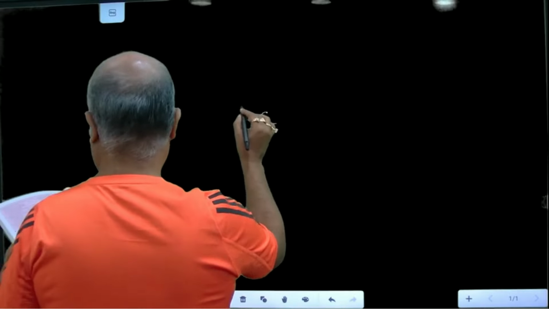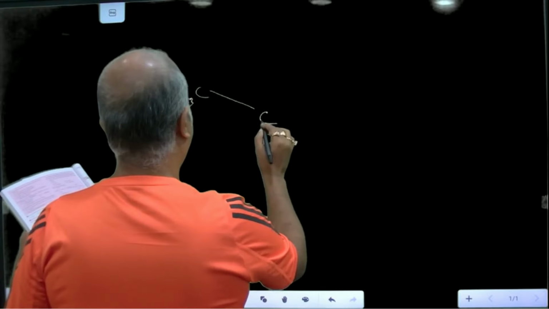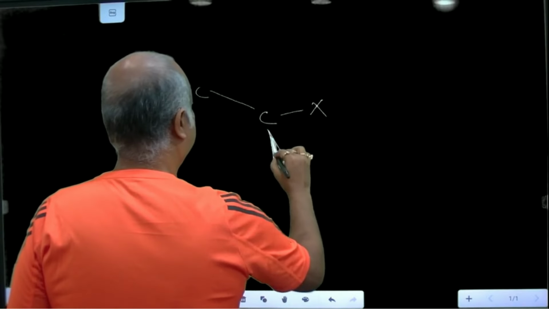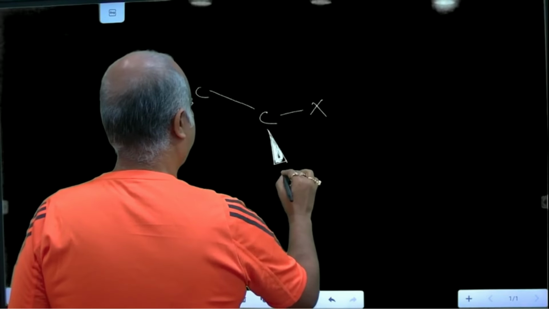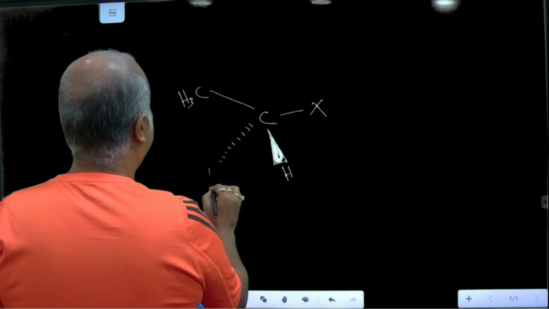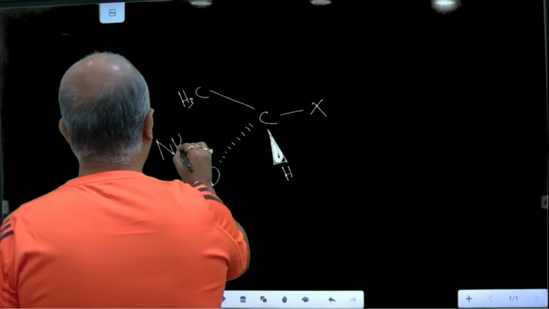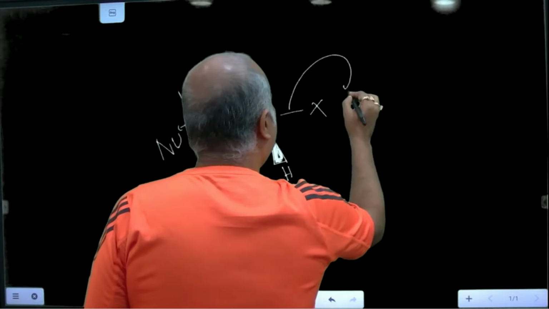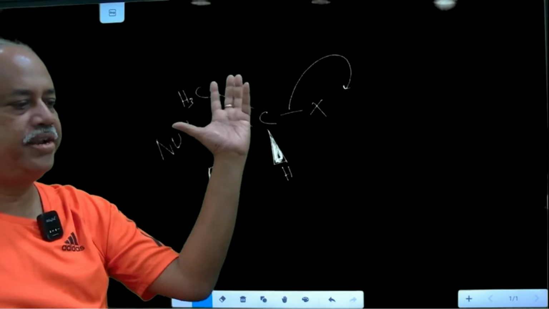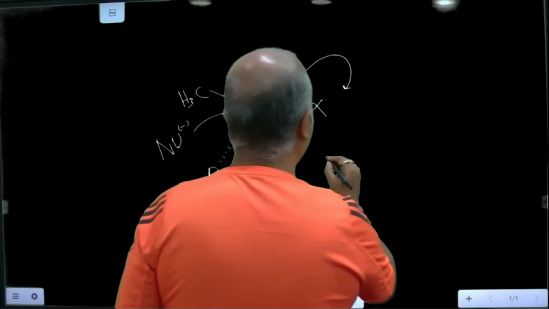This is the leaving group X, that is H, that is D, and the nucleophile. The leaving group leaves and the nucleophile attacks at the opposite side. So you can attack the nucleophile at that angle.